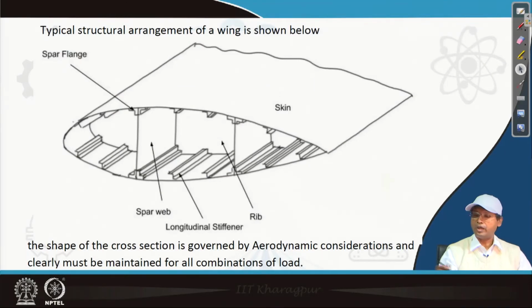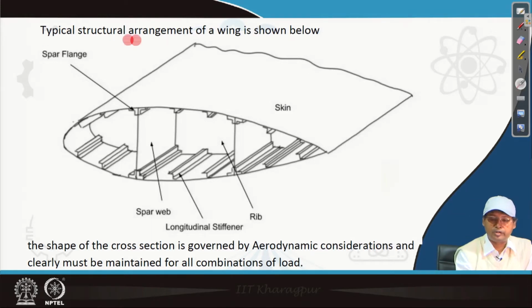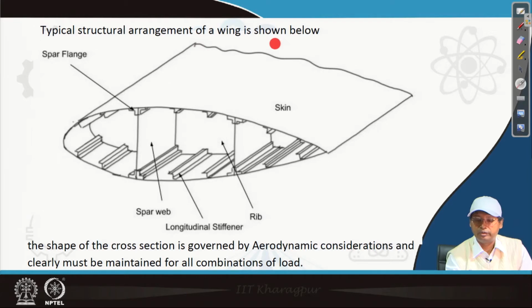Okay. In this slide, we will see the typical structural arrangement of a wing, and that structural arrangement is drawn here. In this structural arrangement, this is the rib portion.